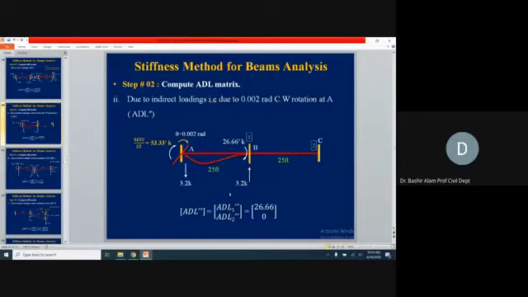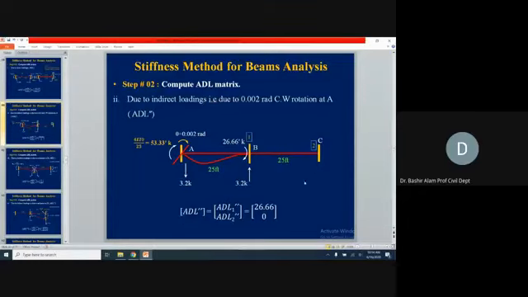Now the balancing couple: how do we find the unbalanced moment? We add them up, 53.33 plus 26.67, divided by the moment arm, which is 25. This will become 6EI theta divided by L squared, with the numbers we already have: 53.33 and 26.67, divided by 25.